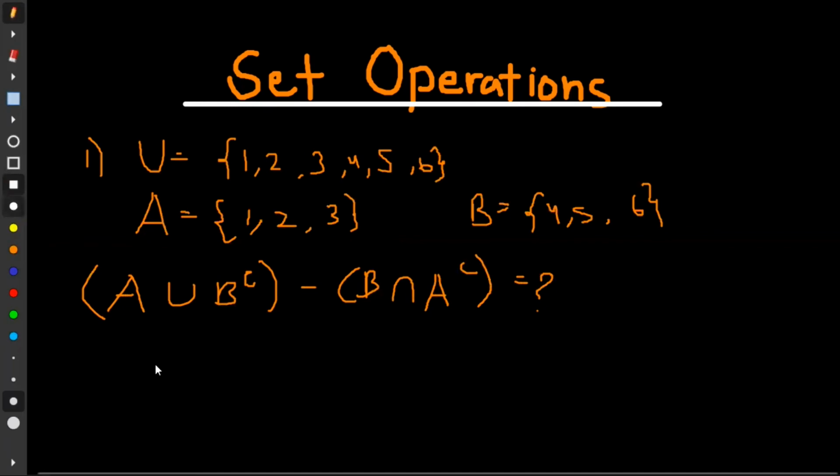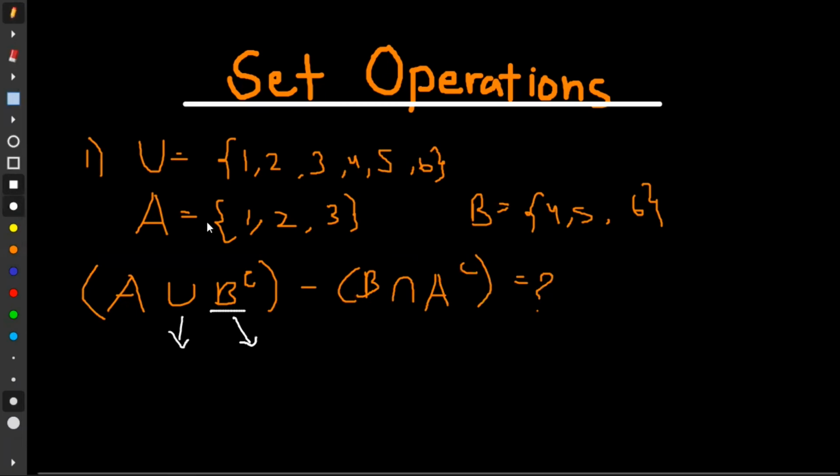To get this, we simply start with both parentheses, since PEMDAS also applies here. We start first in this parenthesis. We know that A is 1, 2, and 3. First, what is B complement?